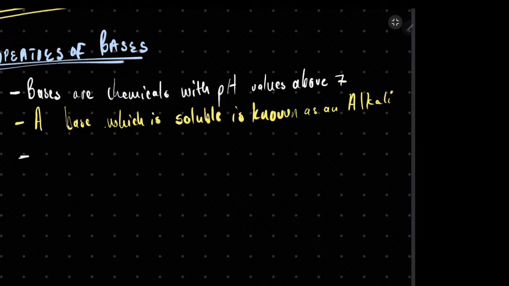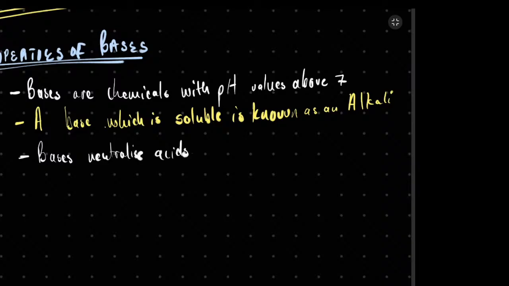But here you can say bases neutralize acids. In other words, when you take a base, you add it into an acid. The acid had a pH below 7. If you add a base, how will you know it's a base?